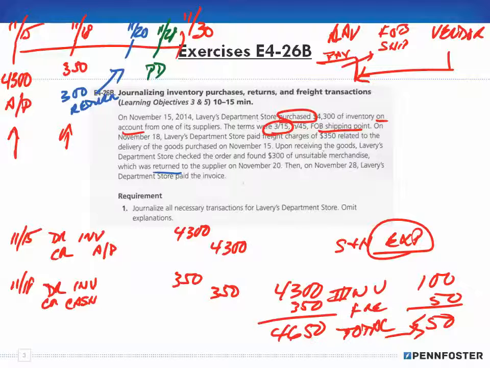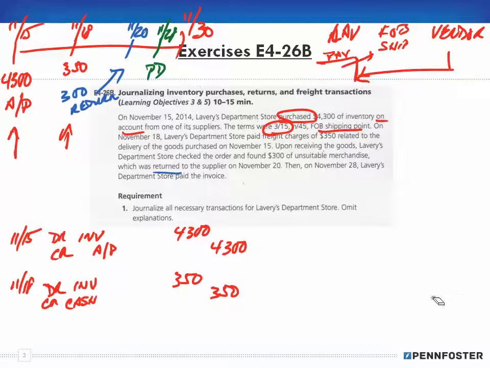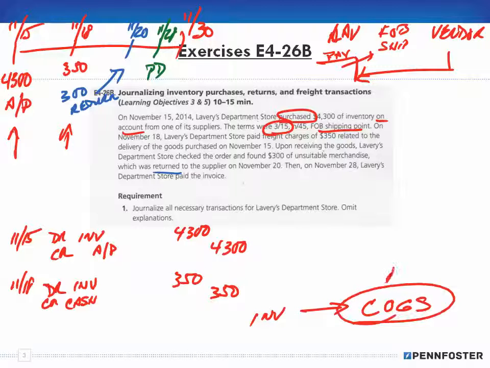That's what should be in the inventory account, because the freight is associated with that inventory. That freight is not an expense to the business. It's part of the inventory. Now realize that when you take it out of inventory and move it over to cost of goods sold because you sold it, cost of goods sold is an expense account, okay?